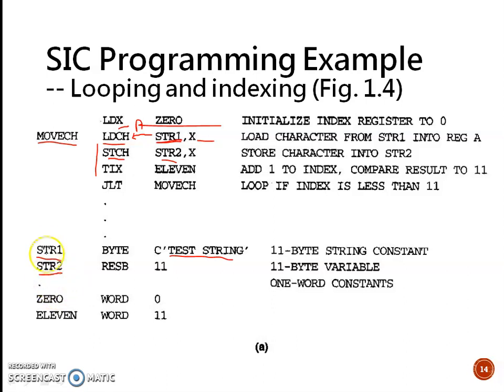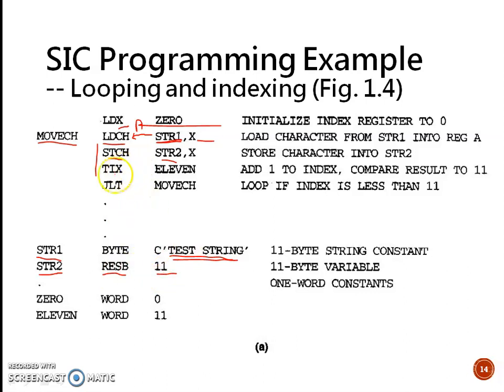Then later from the accumulator it needs to be stored to STR2. So STR2 needs to be reserved for storing 11 bytes. Why? It needs to occupy this much string, eleven characters it needs to occupy. So STR2 will be reserved for storing 11 bytes.